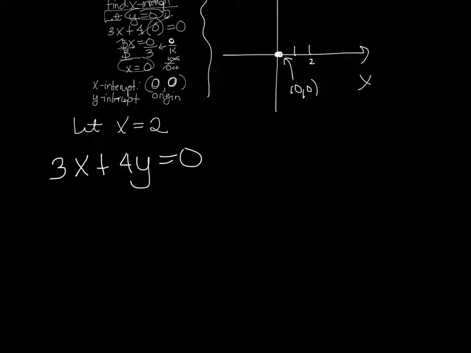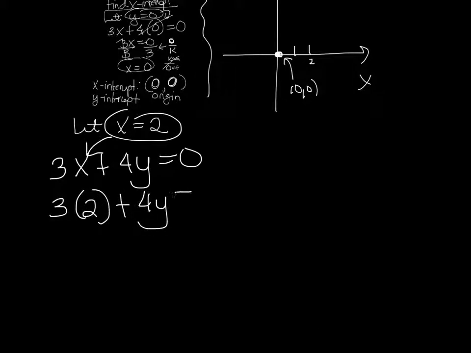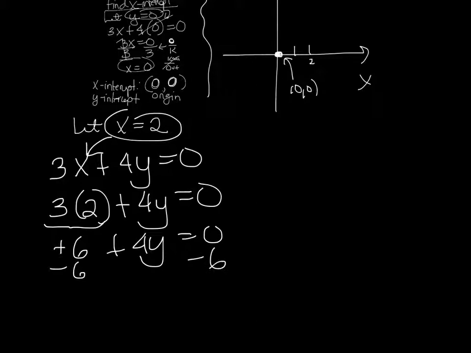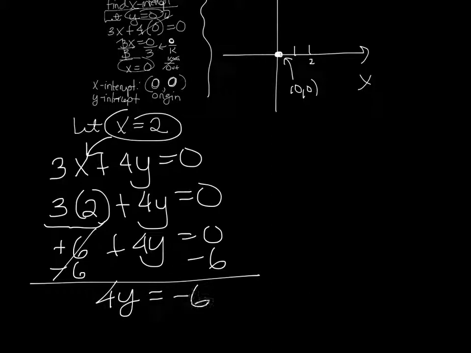And 3 times, you're letting x be 2, so plug in 2. Again, you can choose any value you want. 3 times 2 is 6, plus 4y equals 0. I want to solve for y. Subtract 6 from both sides, and I get 4y equals negative 6.